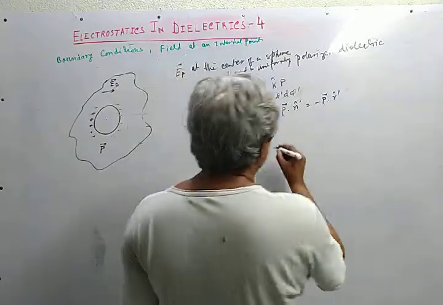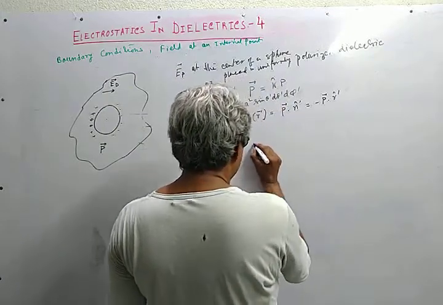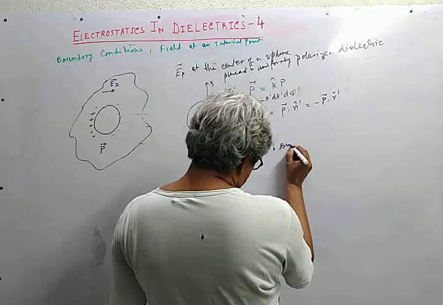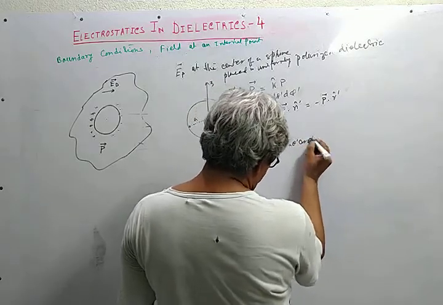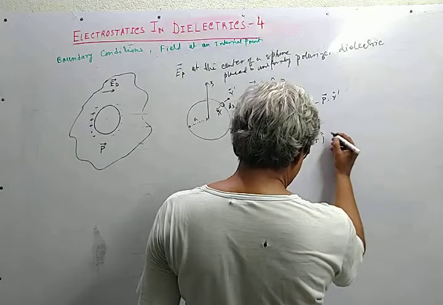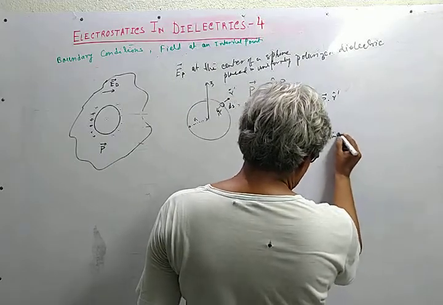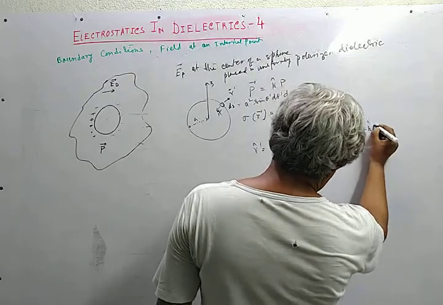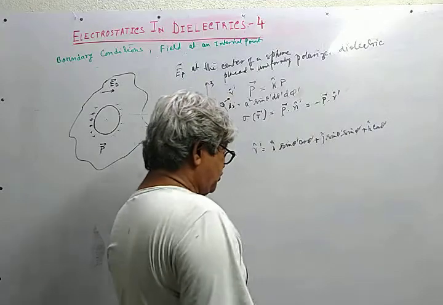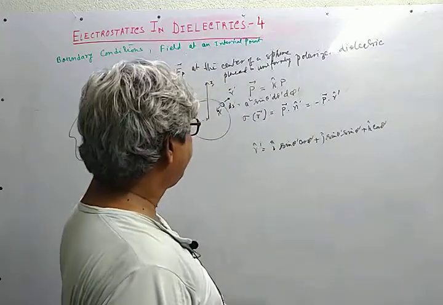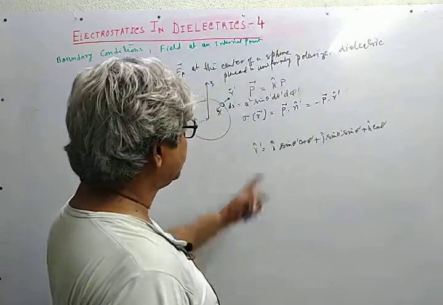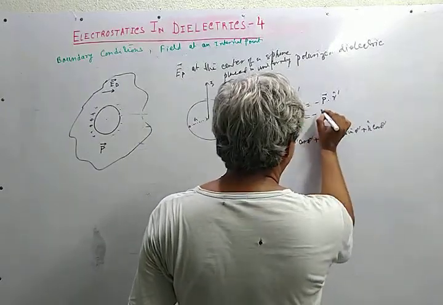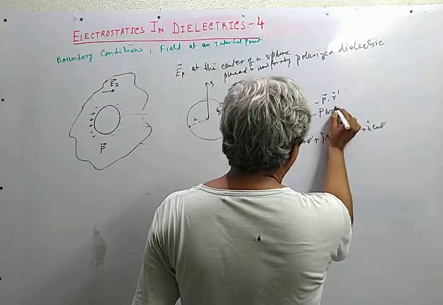And we know r cap, what is r cap? r cap is i cap sin theta prime cos phi prime plus j cap sin theta prime sin phi prime plus k cap cos theta prime. If we dot it with P, then only this part survives, and this is minus P cos theta prime.